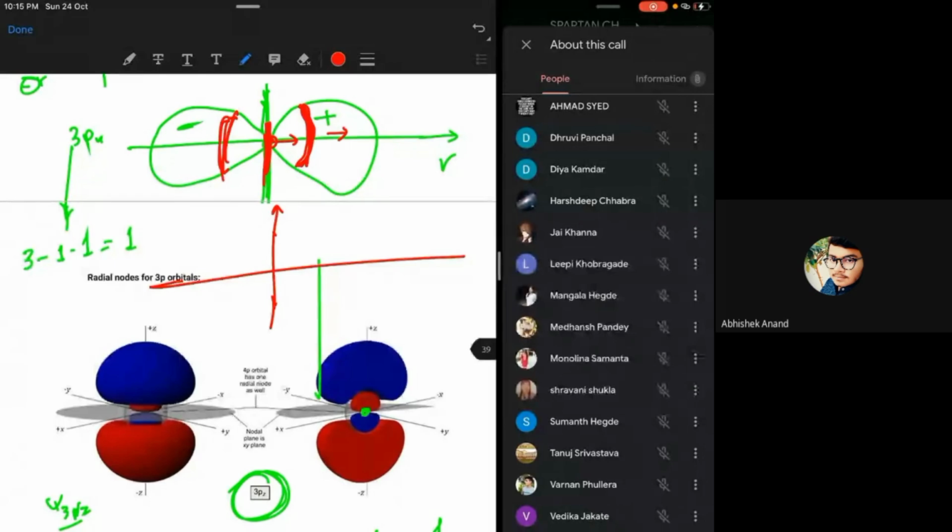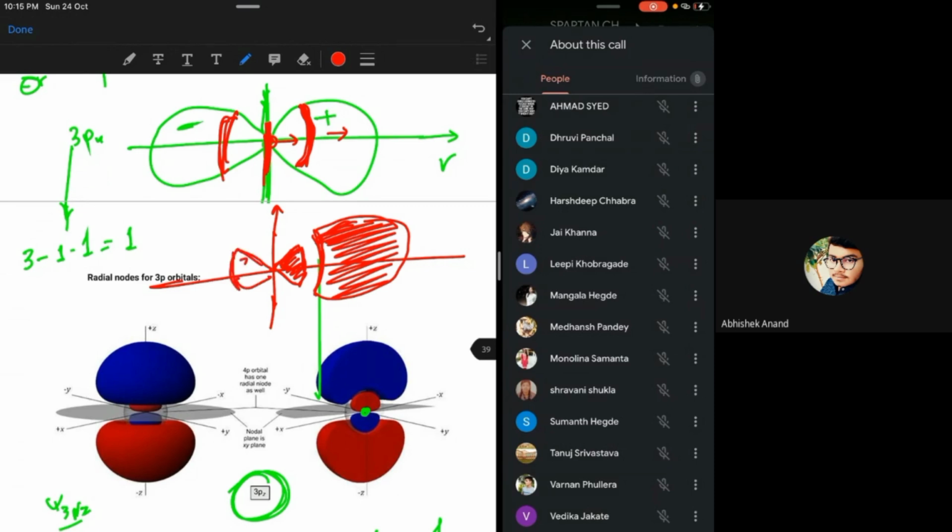If it is changing with angle, it will be called angular node. So the graph of 2px will be like this. You will have like this, and here there will be vacuum. There will be vacuum here, and this will be the rest of the lobe. Similarly this side, you will go like this.